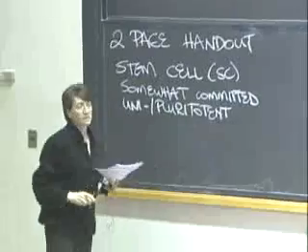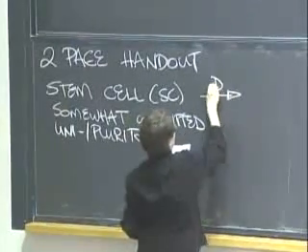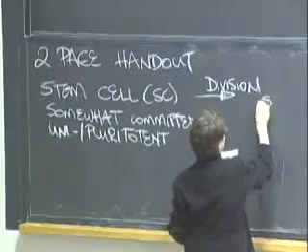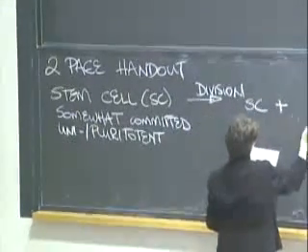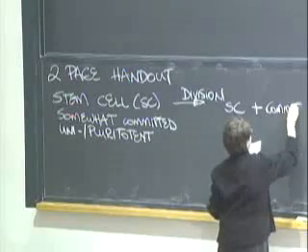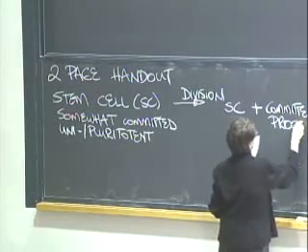And that stem cell, by definition, will go on and make an asymmetric cell division. So it will give rise to another stem cell. And it will also give rise to a committed, and here's jargon you should know, progenitor.